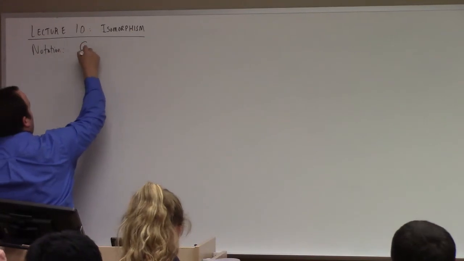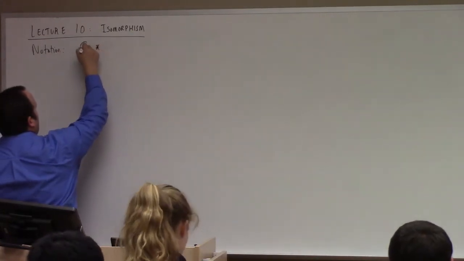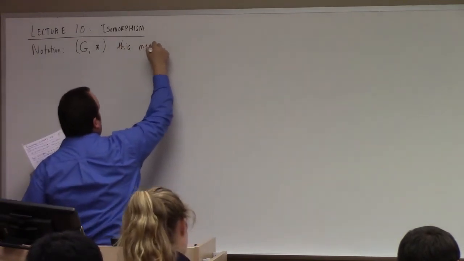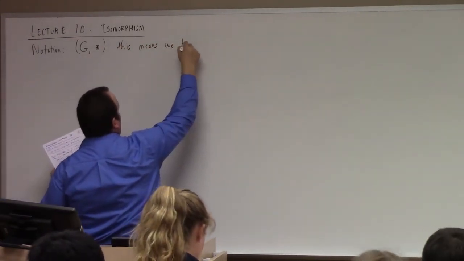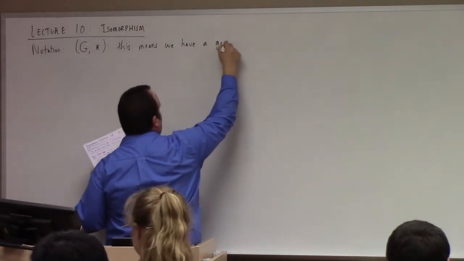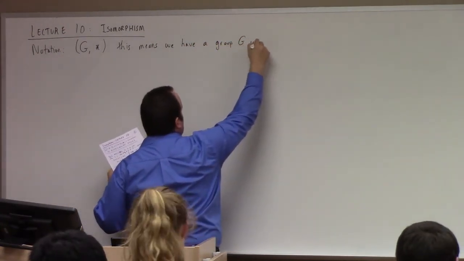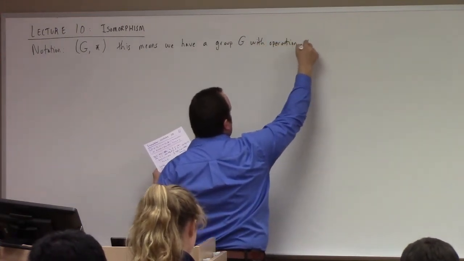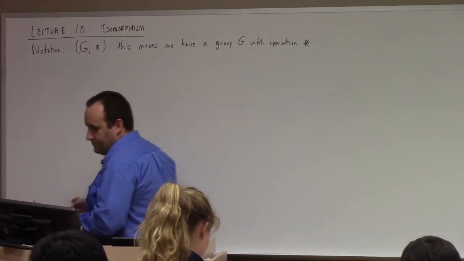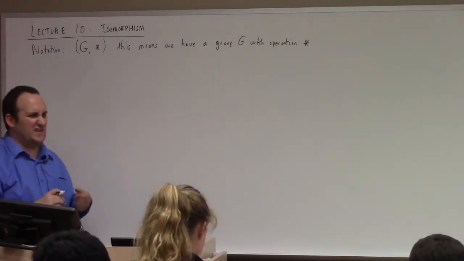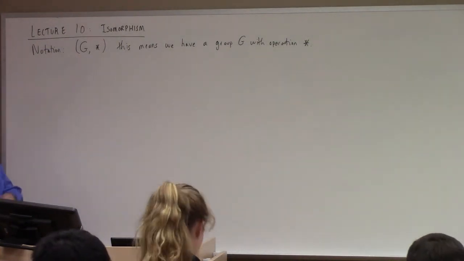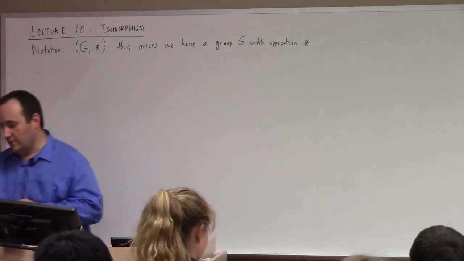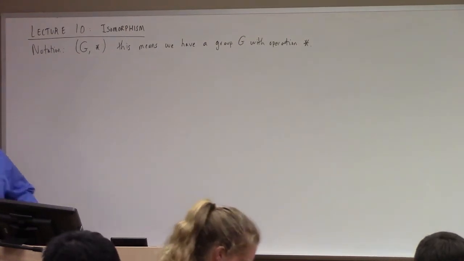If I write, say, G and star, this means we have a group G with operation star. This kind of notation is important because I'll be talking about more than one group, and more than one operation.